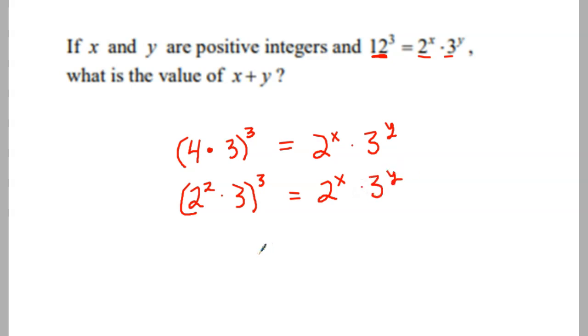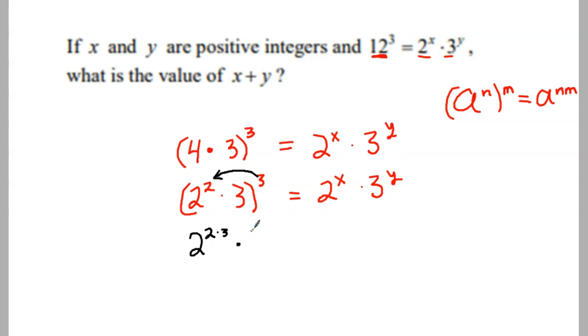And now you can use the power of a power rule. It explains that if we have a to the power n, all to the power m, it is the same as a to the power n times m; you multiply. So here this will become 2 to the power 2 times 3.